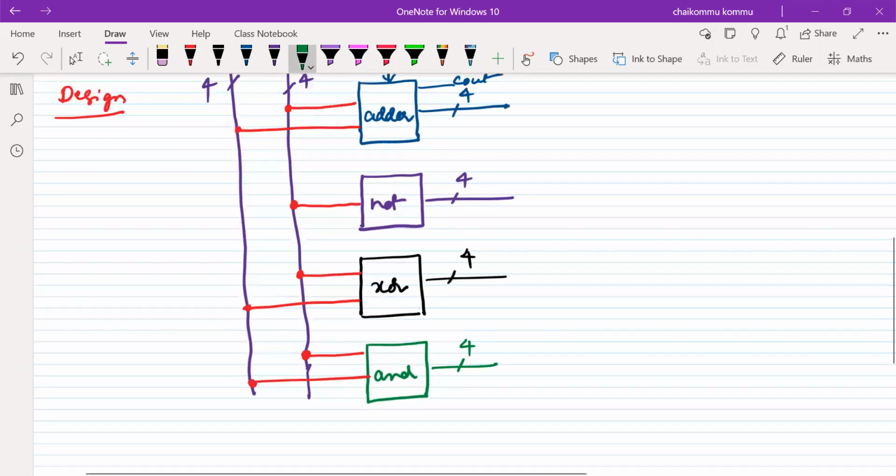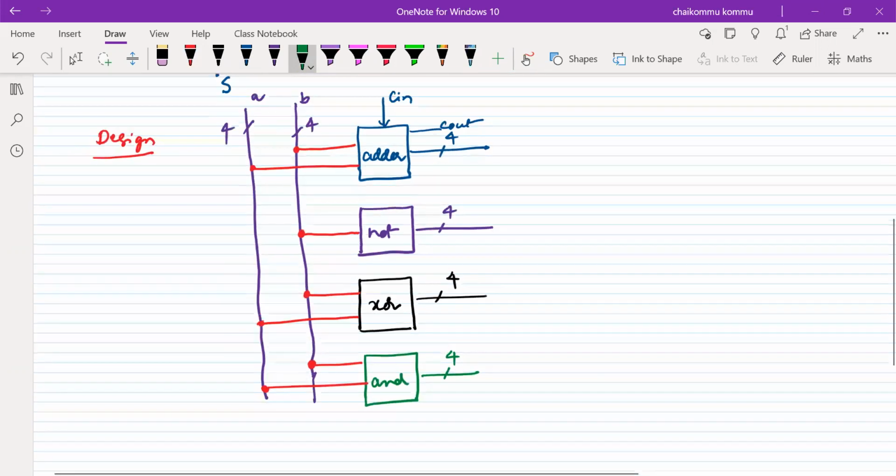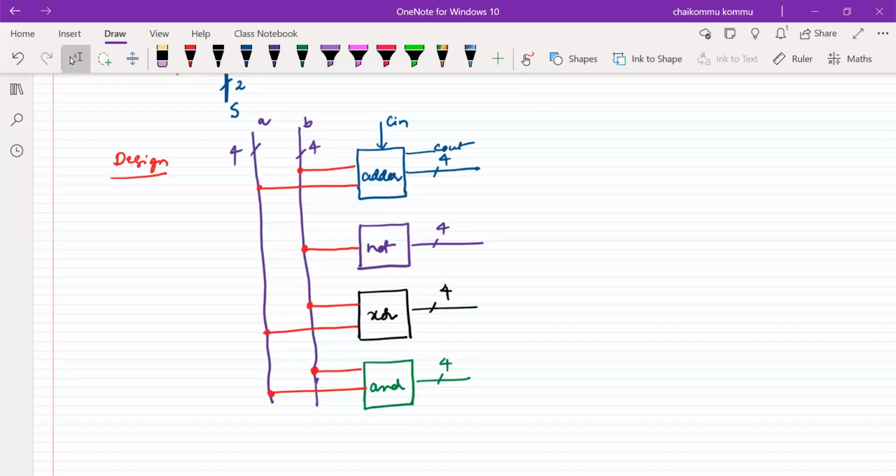But at the output side we see only one 4-bit output data, while we have 4 blocks producing 4-bit data, so we have to convert them into a single 4-bit output. For that I'm going to consider another block called a multiplexer, mux.